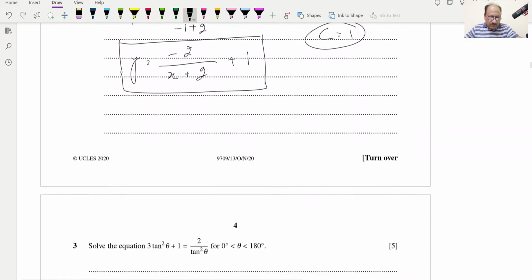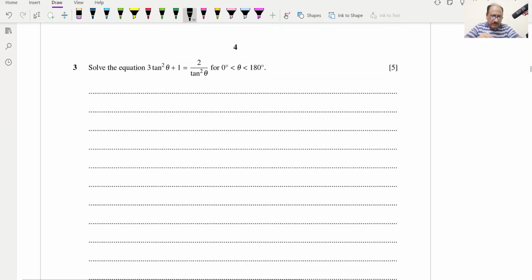Now question number 3. Question number 3 is on trigonometric ratio functions. This is: solve the equation 3 tan squared theta plus 1 is equal to 2 over tan squared theta, with the range from 0 to 180.